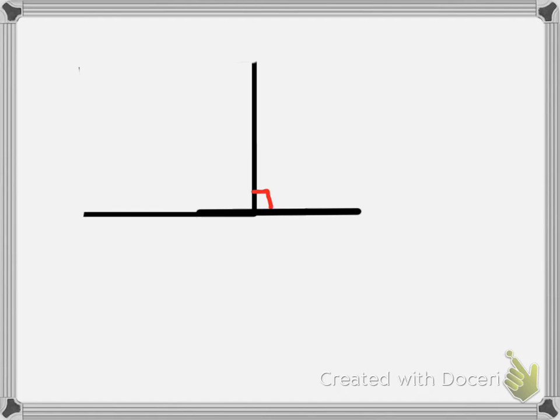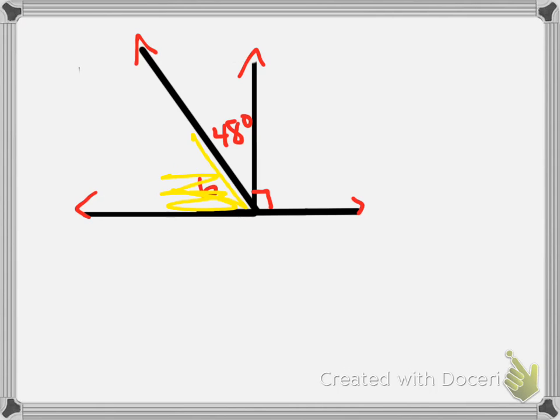There's also a marking in here. Looks like that. And we have a label here, 48 degrees, and we have a label here, B. And we need to find B. Well, we know that B plus 48 equals a total of 90, because those two together combine to be 90 degrees.